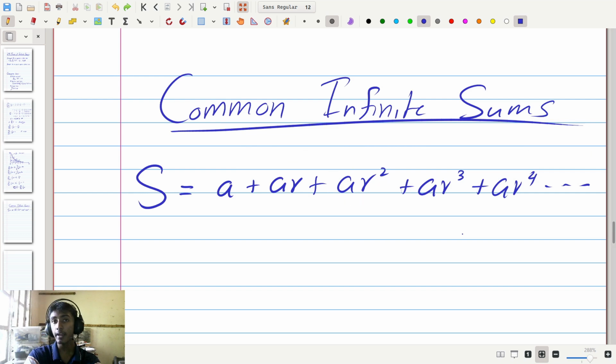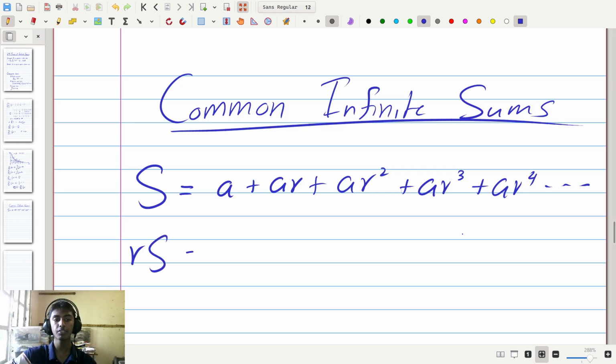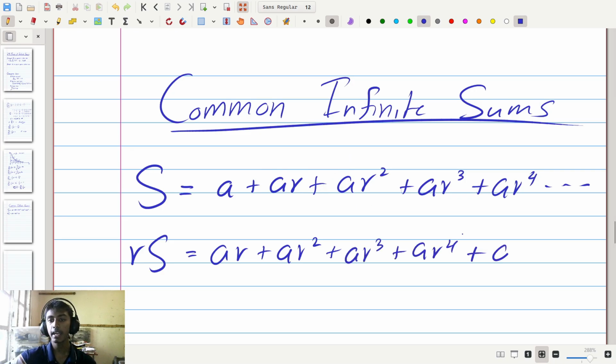The way that we find the value of this infinite sum is by multiplying the entire sum by r. On the left hand side, we get r times s, and on the right hand side, this term multiplied by r becomes a times r, this term multiplied by r becomes a times r squared, this term multiplied by r becomes a times r cubed, and then a times r to the fourth, a times r to the fifth, and so on.